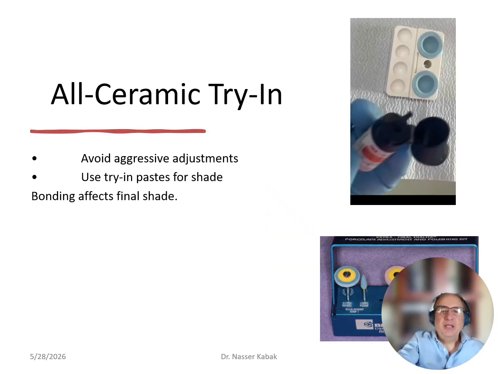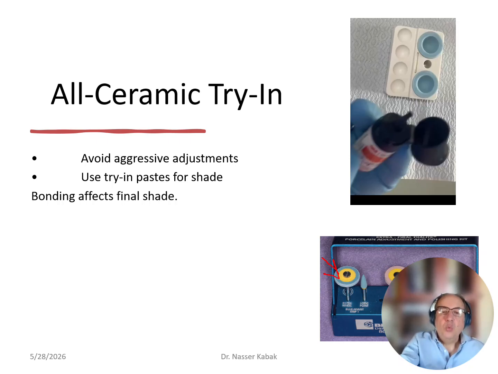In all ceramic try-in, sometimes we reshape the outer surface of the ceramic and the zirconia, and we can use, of course, these rubber wheels, but they are color-coded with this yellow part that indicates this rubber wheel is intended to be used on ceramics.